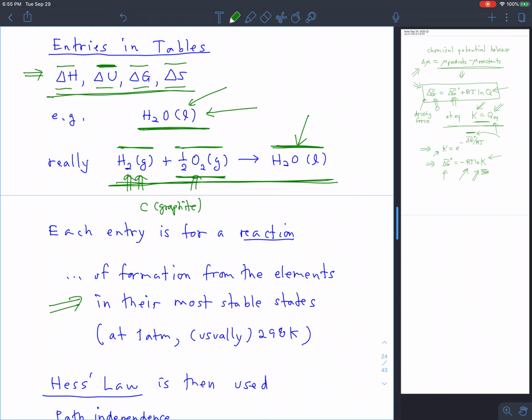Graphite is the most stable form of carbon at room temperature and pressure, plus one oxygen molecule going to CO2 in the gas phase, and oxygen also in the gas phase. And so here's the most stable state of carbon, here's the most stable state of oxygen, and that produces CO2 at the table conditions. And that's what this entry for CO2 in the table stands for. It really stands for this formation from the elements reaction.